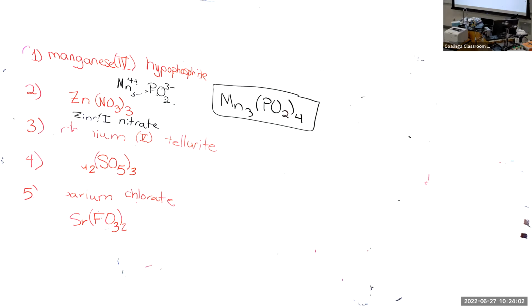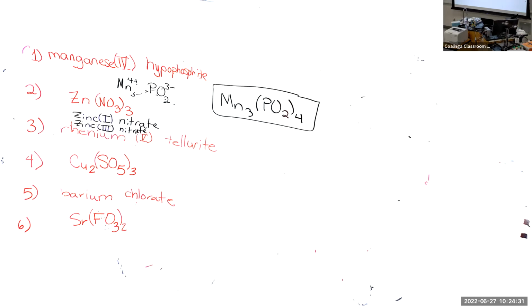No. But usually the 8 on this one is 4. Who says zinc 3? Wait, so we have zinc 1 or zinc 3? 1. 3. No, 1. Those who think it's zinc 1, raise your hand. Because it's by itself. Those who say it's zinc 3, raise your hand.